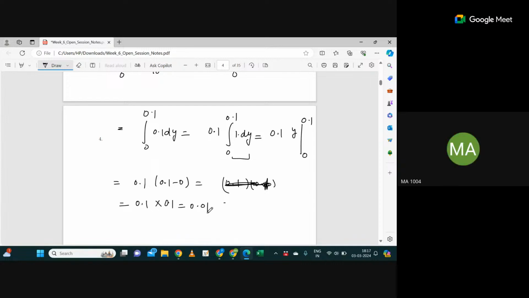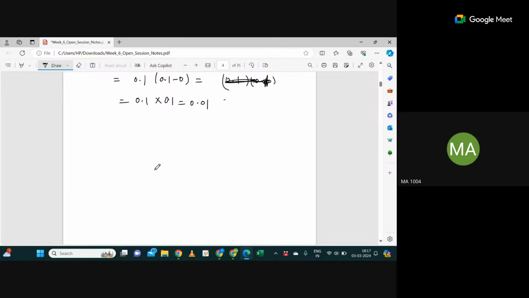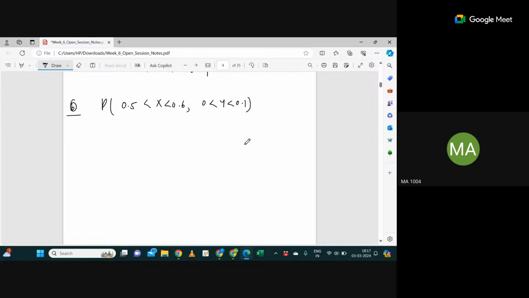Yes, sir. Okay. Now tell me, suppose, I'm just changing the range. Suppose I'm going to do the second part. Suppose I ask what is the probability that your x will be 0.5 to 0.6, then y 0 to 0.1. Let me draw the region we are interested in. The main region is 0 to 1, right?